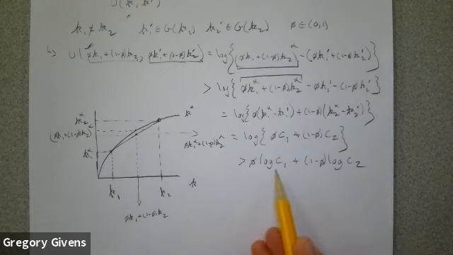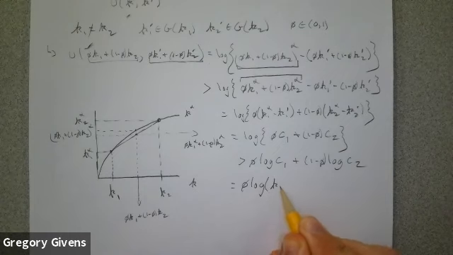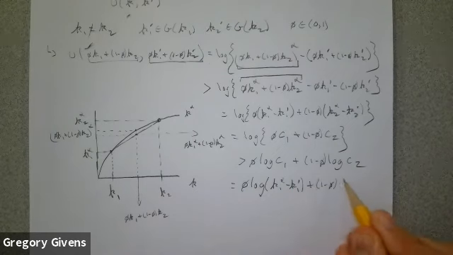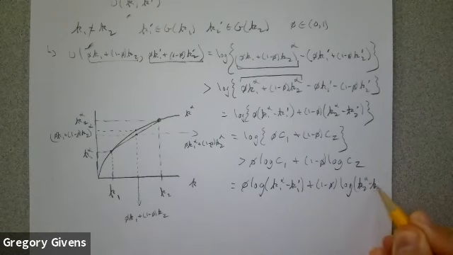Well, what is phi log of c1 equal to? That's just phi times the log of k1 to the alpha minus k1 prime plus 1 minus phi times the log of k2 to the alpha minus k2 prime.